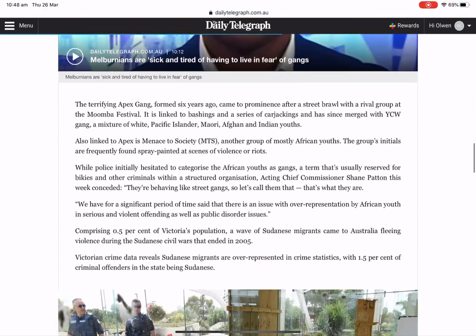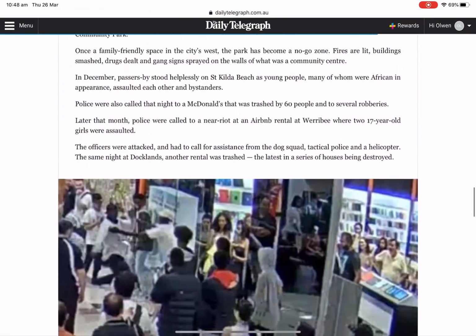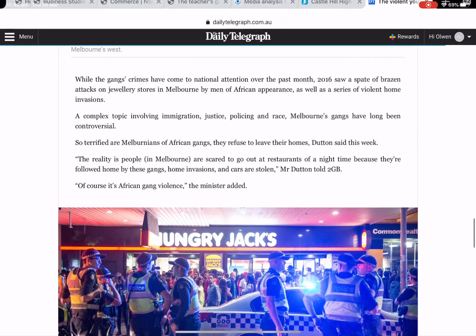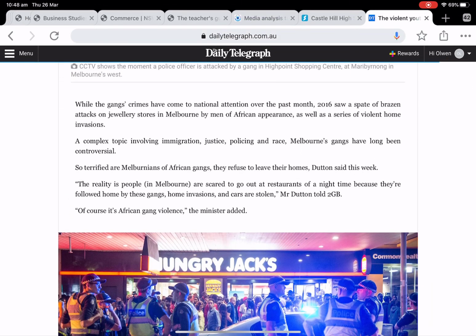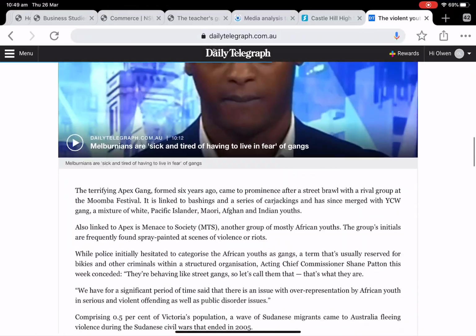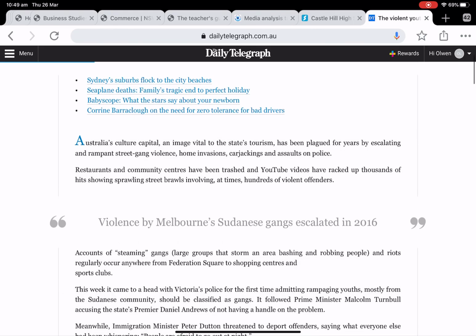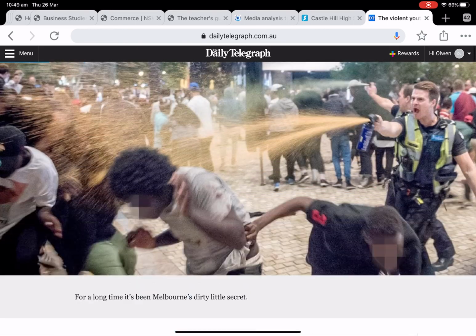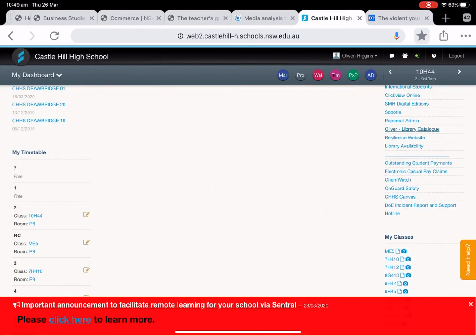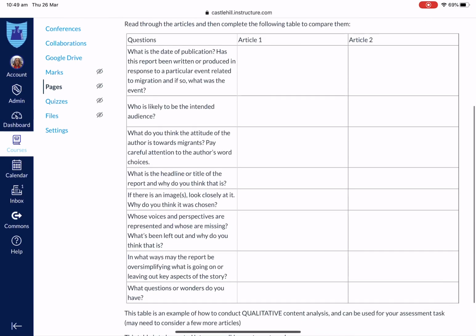What we're not seeing are quotes from Sudanese people, Sudanese youth, and talking about what they think and how they're being associated with that. So the voice that is clearly lacking in here are Sudanese people or African youth, or even just African migrants. So looking through that article, you would then compare that to other articles, and you could use the table to do that.